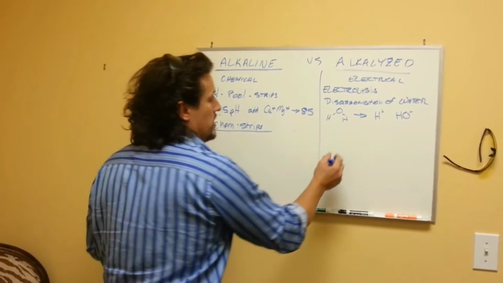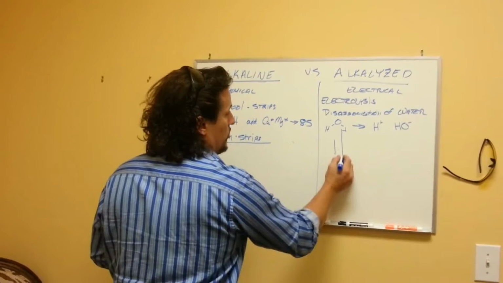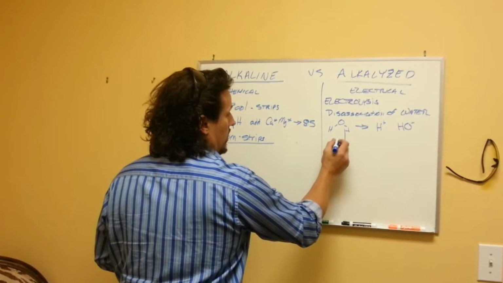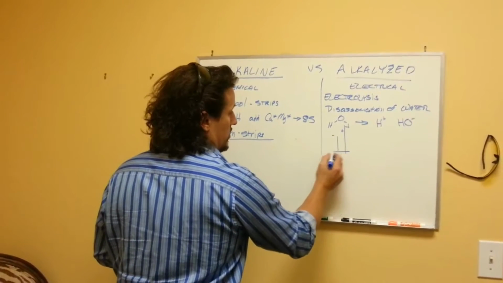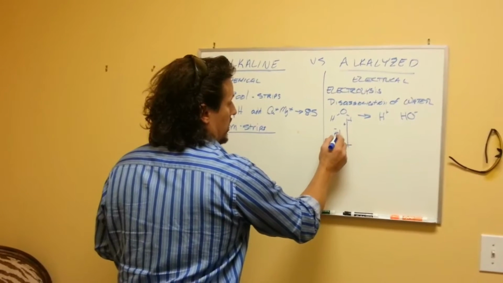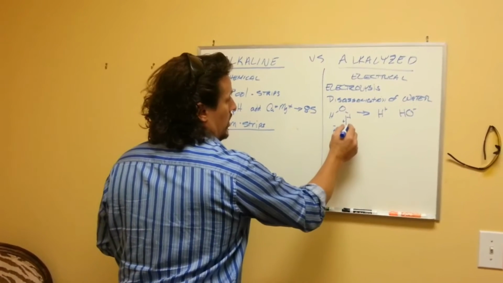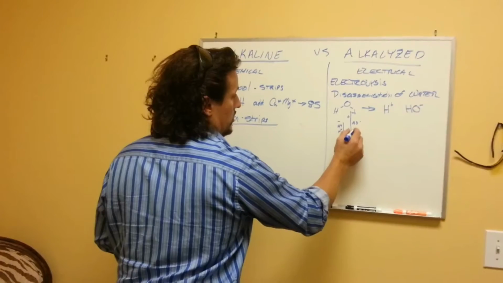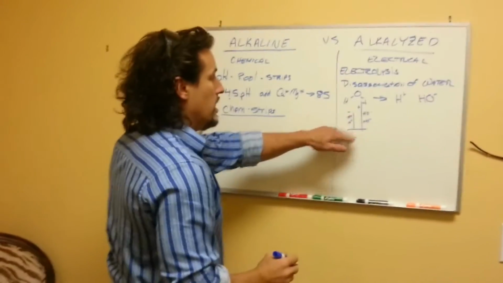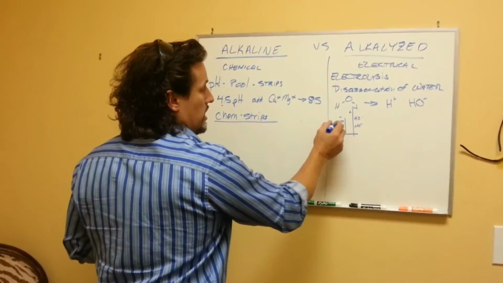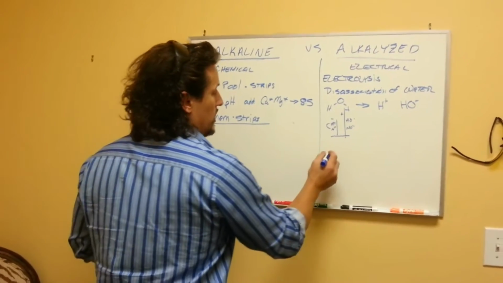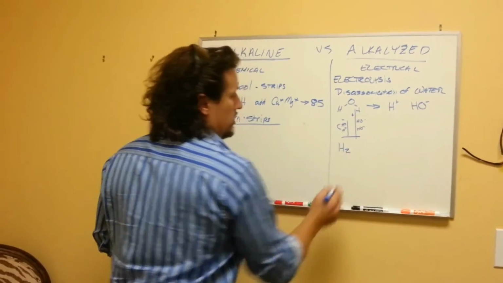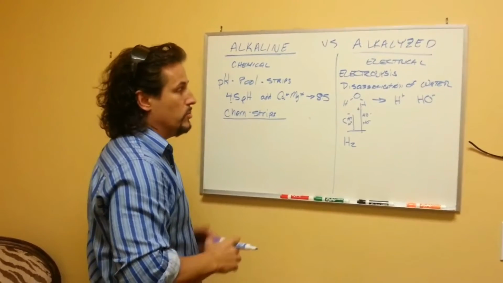When this process happens, there's an array which has a negative side and a positive side. This will attract the hydrogen ions. The hydroxyls will come over here. Because they're so unstable, they will instantly convert to H2, which is hydrogen dissolved in water.